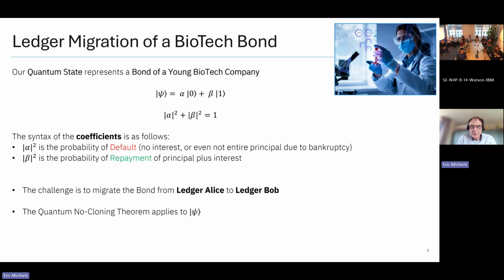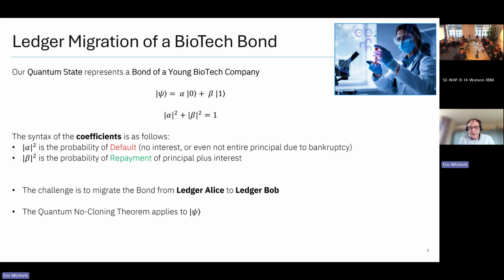But we represent here the 0 as defaulting, meaning that for the bond there will be no interest, or even the party is not able to pay back the bond, due to, for instance, bankruptcy or any other reason. And the 1 represents the repayment, and beta squared represents the probability of repayment.